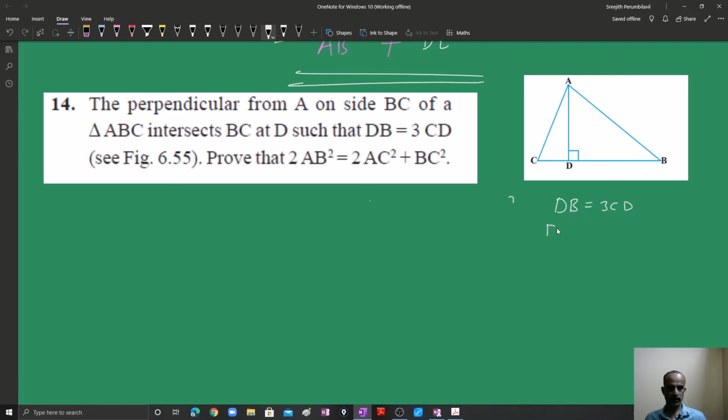So we know that DB plus CD is equal to BC. But what is DB? 3 times CD plus CD is equal to BC, so 4CD is equal to BC, or CD is equal to 1/4 BC.